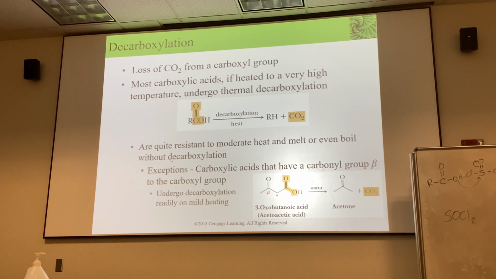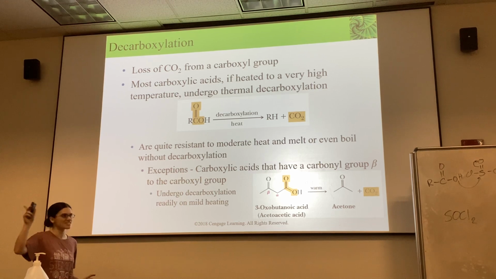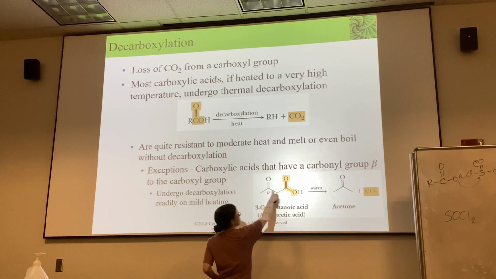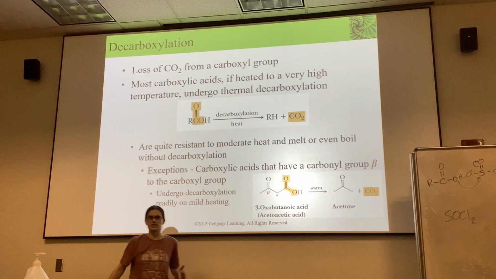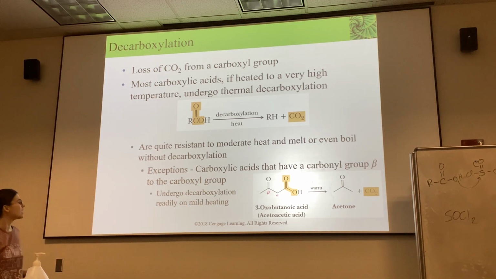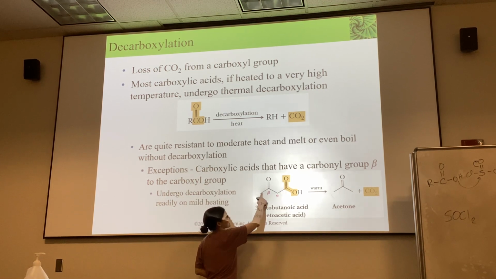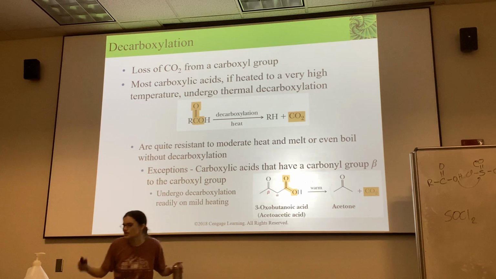Now, if you heat up any carboxylic acid, is that going to happen? No, it's a special carboxylic acid. So remember our alpha, beta, gamma, delta? If on the beta carbon, we've got another carbonyl, it can be any kind of carbonyl, they're going to show us this twice, once with a ketone like this, and then they're going to be like, look, it's a whole new thing, but it's exactly the same thing with just an OH over here too now.